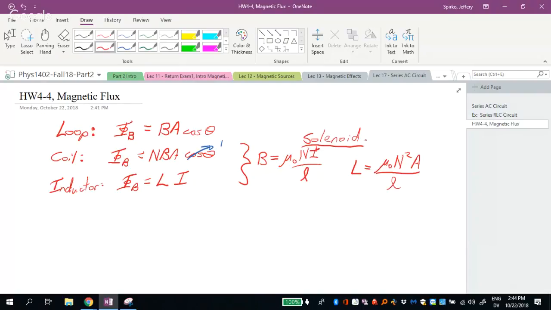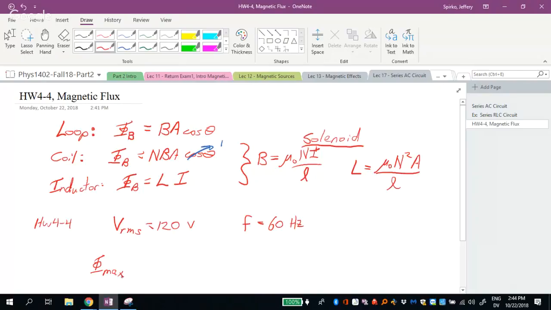Now, in this particular homework question, in homework 4-4, we're told VRMS is 120 volts, and we're told F is 60 hertz. And we want to know flux max.